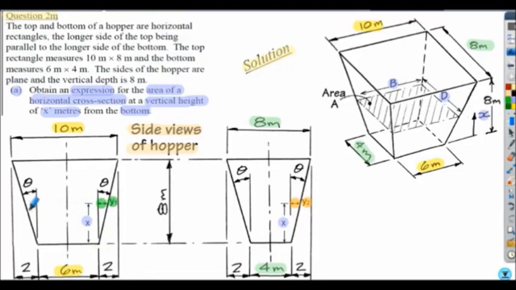We want to know what the dimension of the hopper would be at position x. So what would be the dimension of b and what would be the dimension of d at location x. Of course the overall height of the hopper was given as 8 meters. So this sketch shows our geometry related to the angles and the dimensions we are given, and on the next slide I'll show how we use these sketches to develop the expressions required.